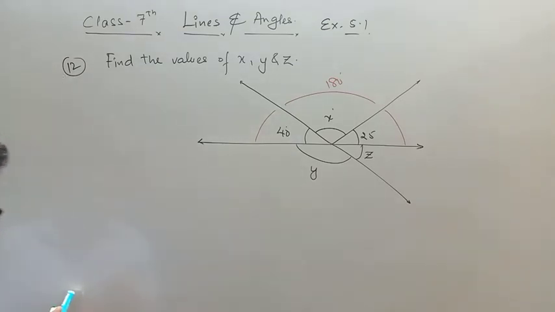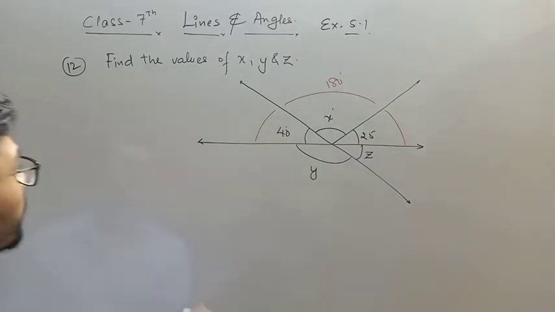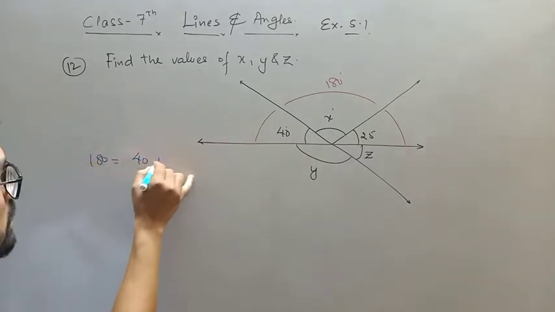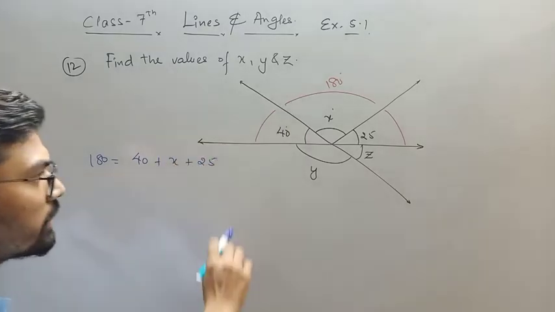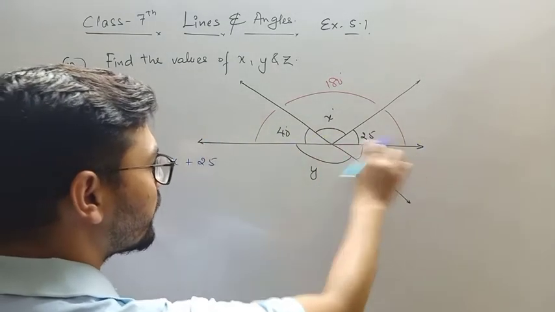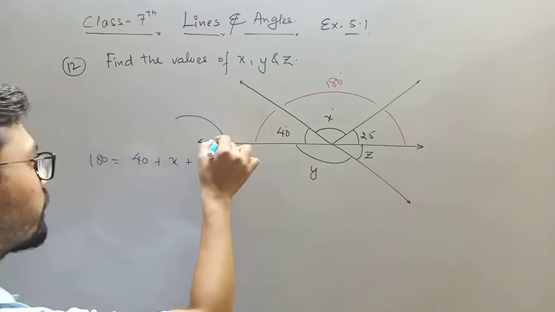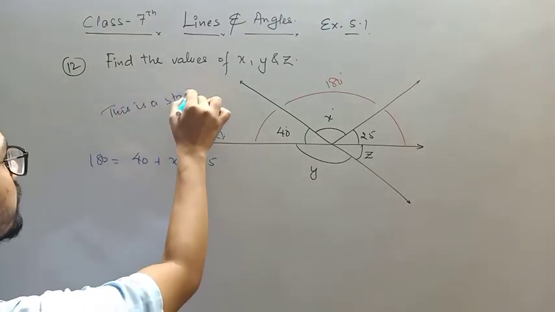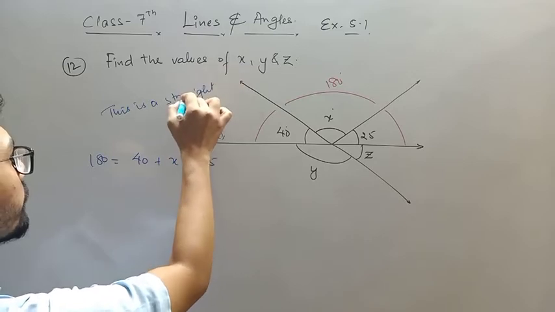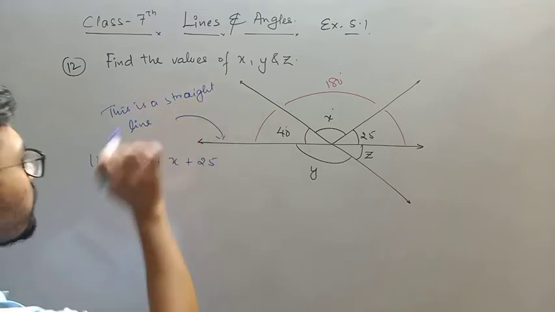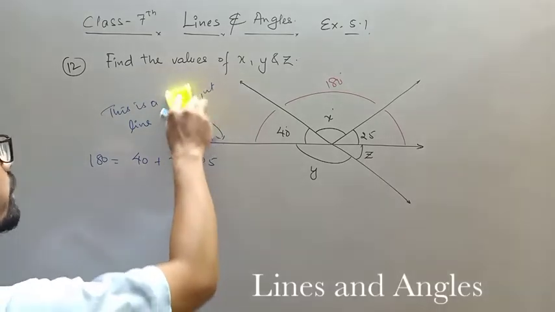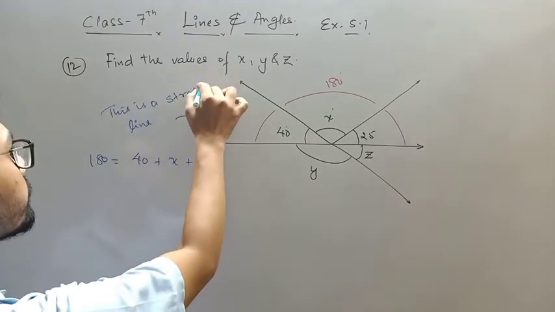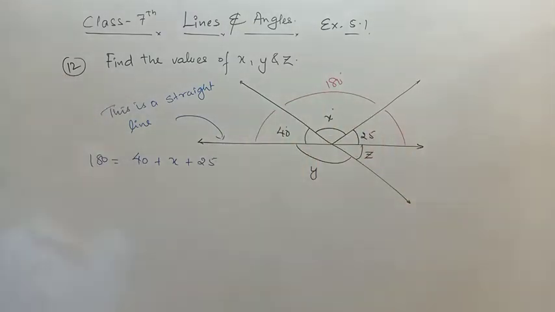Now I can write 180 is equal to 40 plus x plus 25. The reason is this is a straight line, and the angle formed here is 180 degrees.